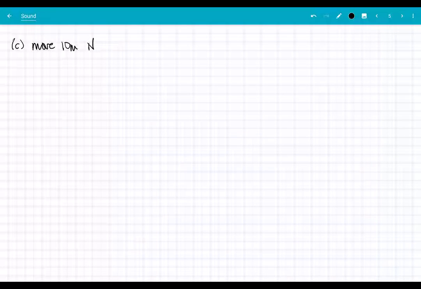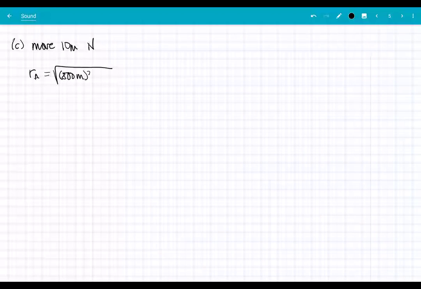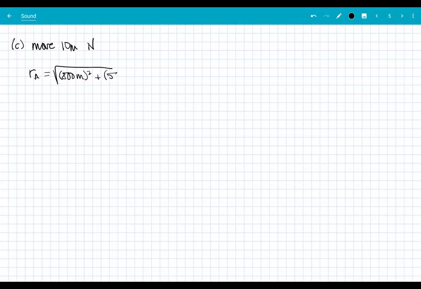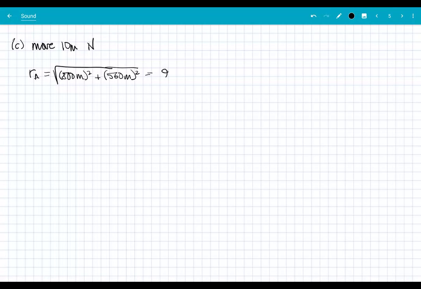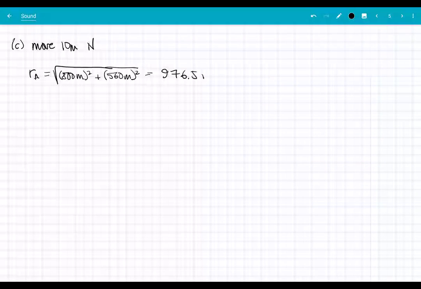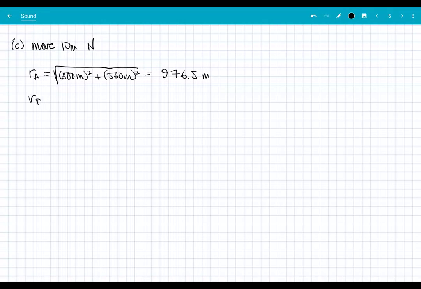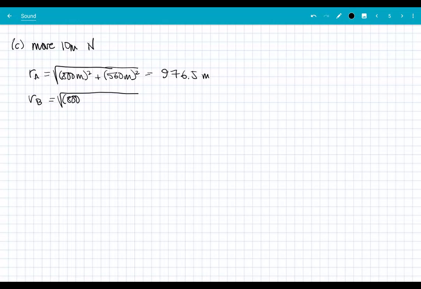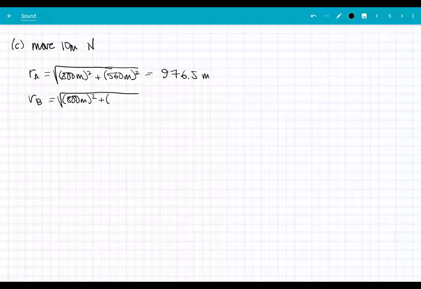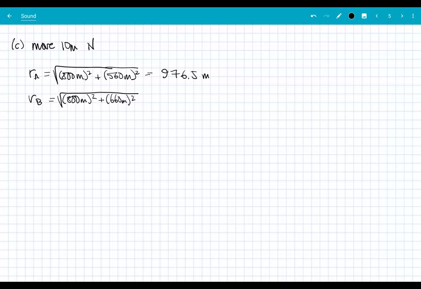If you move 10 meters north, for your R sub A, my 800 stays the same, right? But now I've got 560 meters squared, and that gives me something like 976. We can calculate R sub B here. Again, my 800 hasn't changed, but now this is 660 meters.